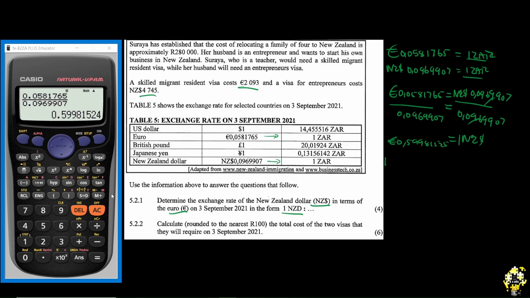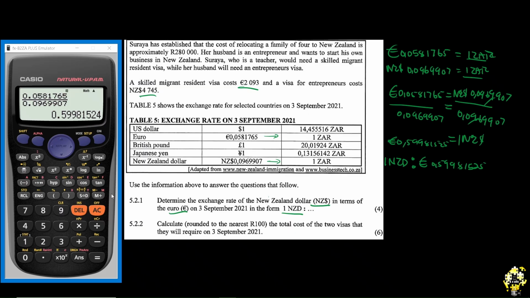It says 1 New Zealand dollar is a ratio that is to 0.599811525 euros. That is how you do that one.